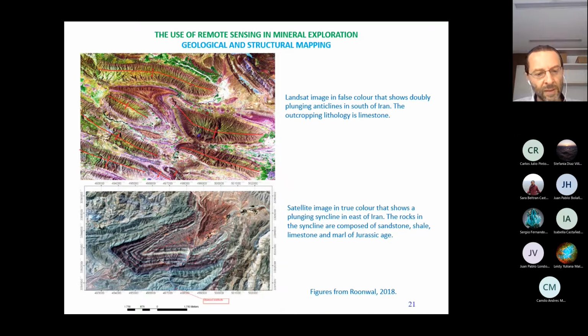And here are other examples from Iran. I'm giving you these examples because, in my opinion, they are quite spectacular, the bedrock being so nicely exposed. So, great structural mapping.